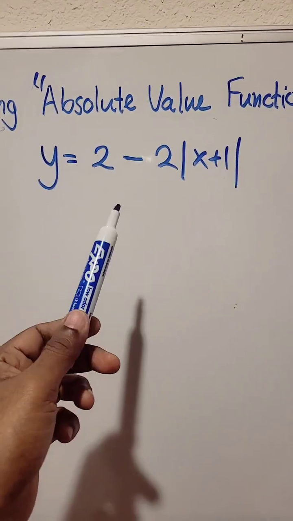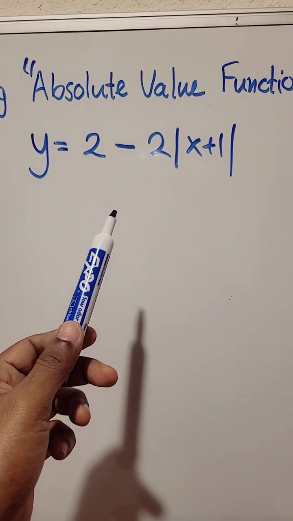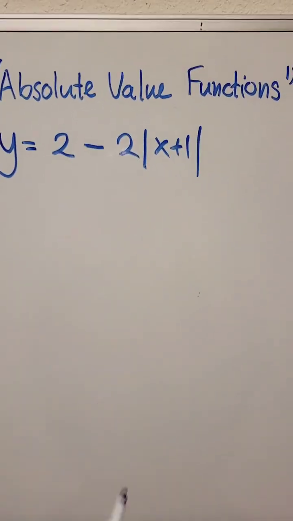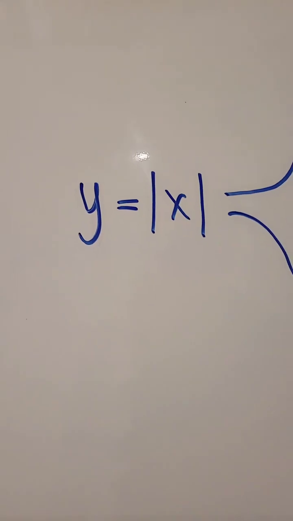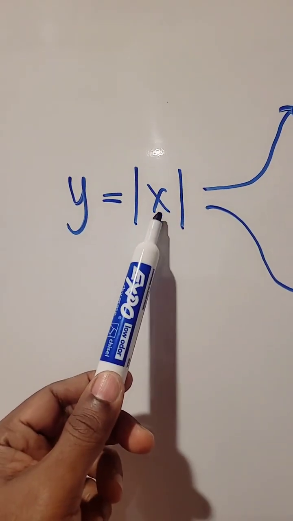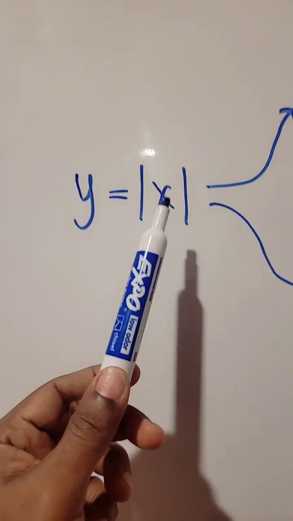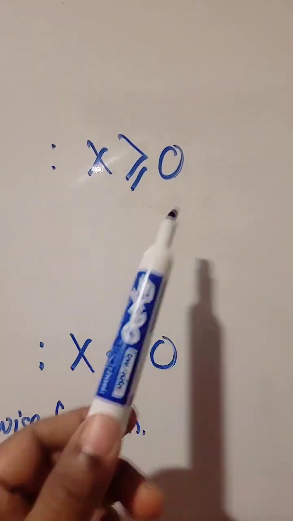So before doing this, let's look at the most basic absolute value function, which I think all of you know, which is y equals the absolute value of x. Okay, so let's see what's going to happen when x is equal to or greater than 0. So that is this condition.